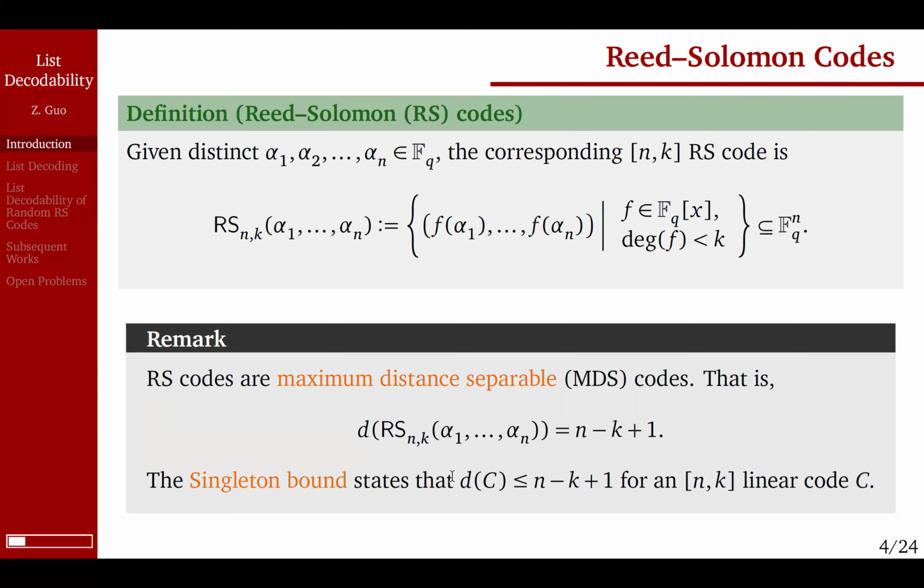So this is optimal. I just said on the side that we don't fully understand the general question: given the rate, what's the maximum distance? But here, we know Reed-Solomon codes achieve the maximum distance, but only when Reed-Solomon codes exist, which requires q to be at least n.